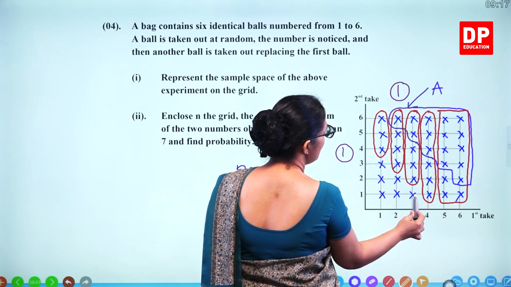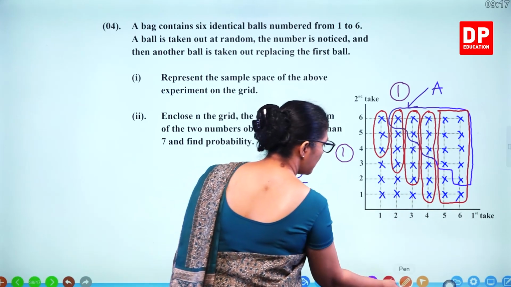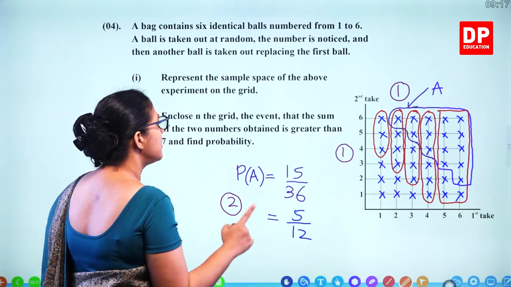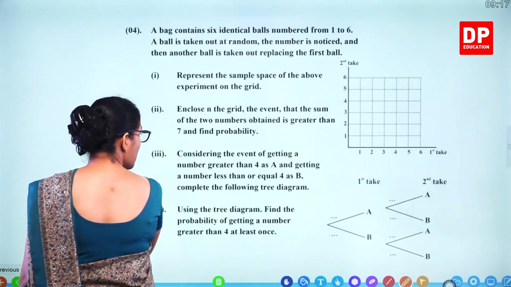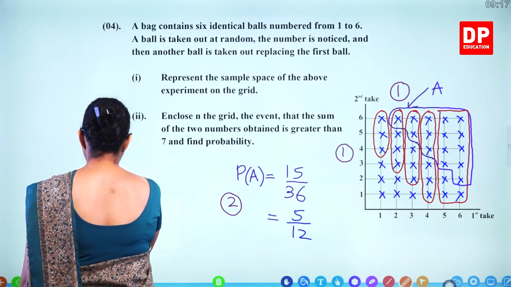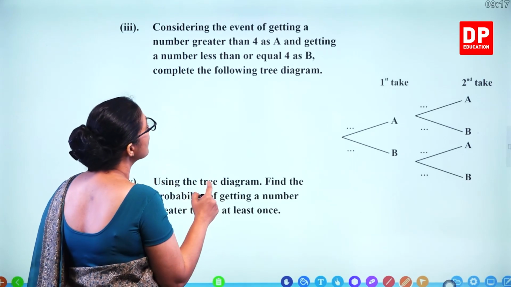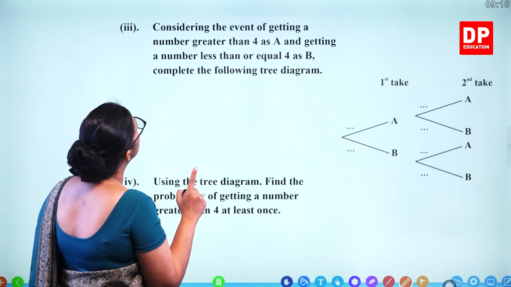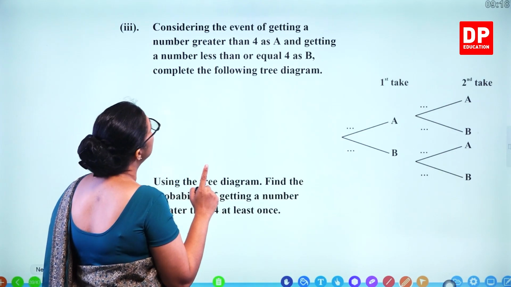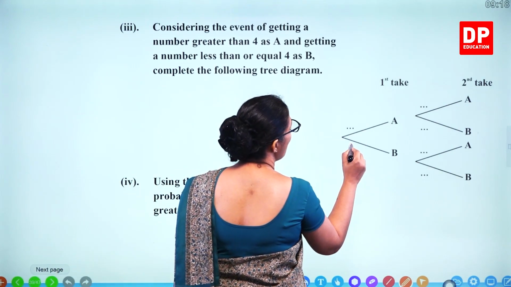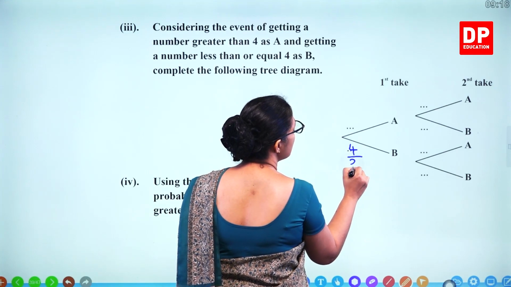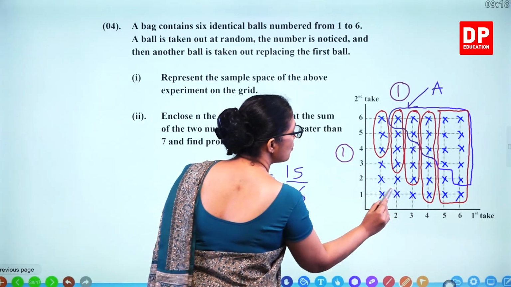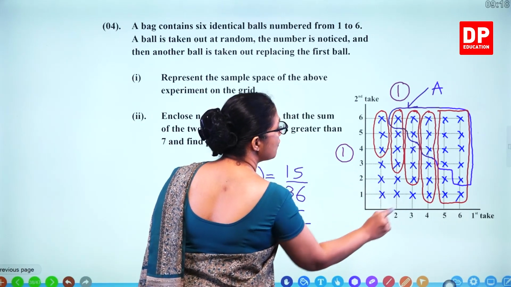Only 1, 2, 3, 4, 5, 6 is not there. 6 is not greater than 4. So we can take B as the less than 4, no? So 4 out of 36. Again check 1, 2, 3, 4, 5, 6.